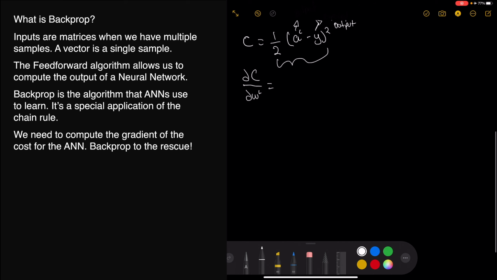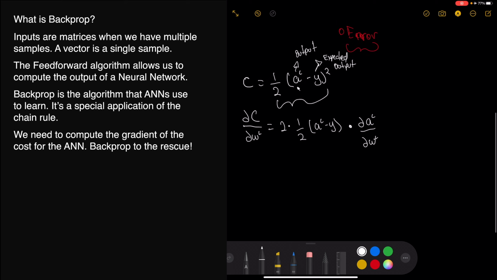This is very simply 2 times 1/2 times AL minus Y. But remember, we're applying the chain rule. Y does not depend on WL, so the derivative of Y with respect to WL is just 0. So we just have to take the derivative of AL, times the derivative of AL with respect to WL.